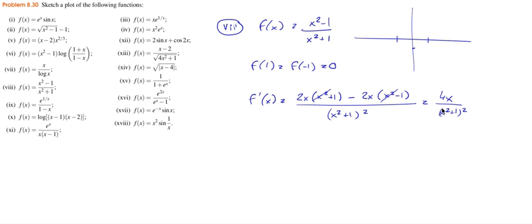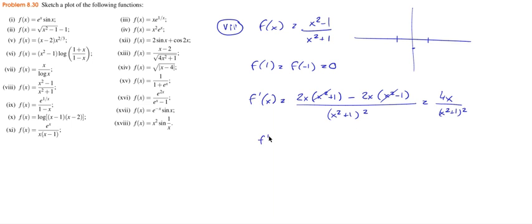Obviously the only zero of this is at 0. And this is a minimum because it is negative for negative x and positive for positive x, so you have a minimum here.